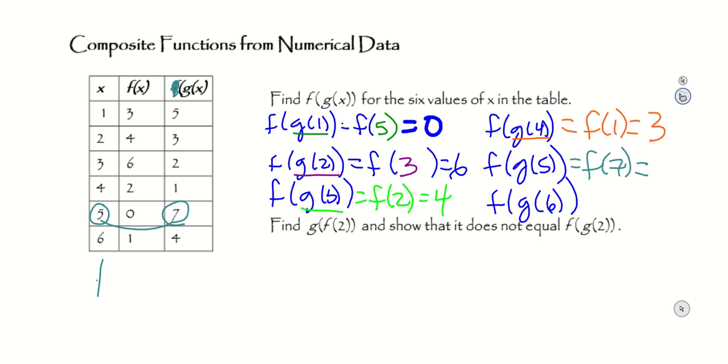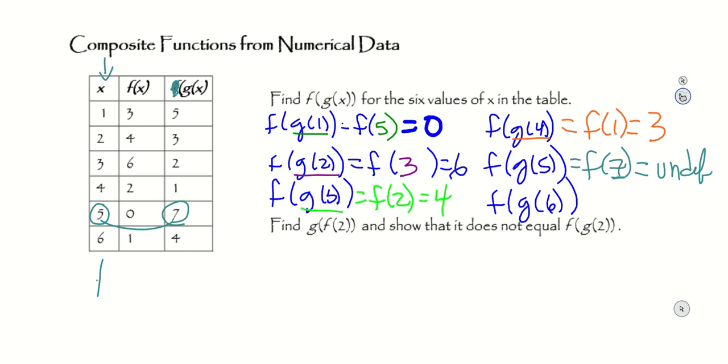Now I want to find f of 7. Oh, there's no 7 in my input column. If I don't know what f of 7 is, then this is undefined. Why is it undefined? Because 7 is not in the domain of f, right? I don't have a value for x.